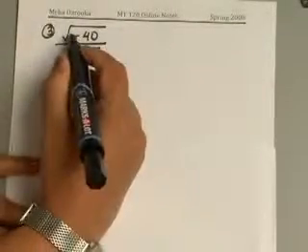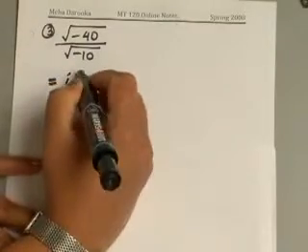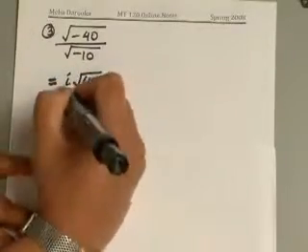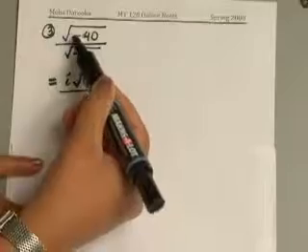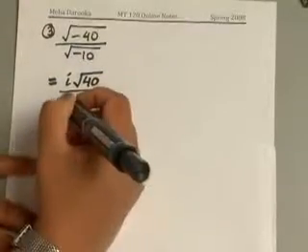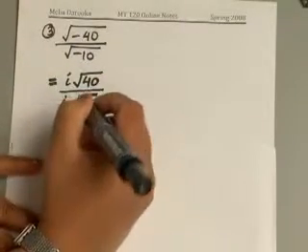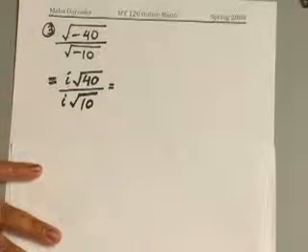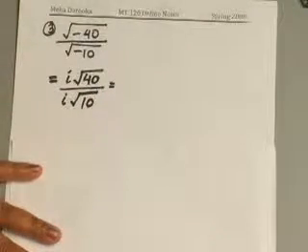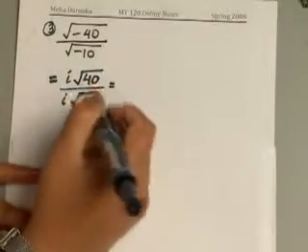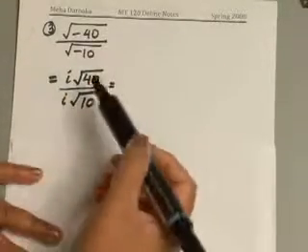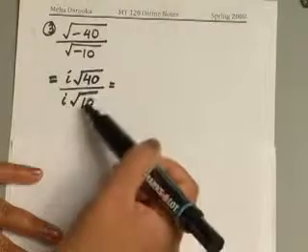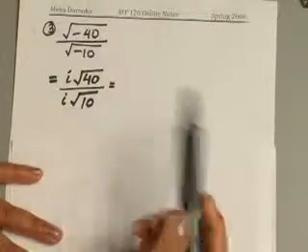So this will give you i times square root of 40 for your numerator. For the denominator, same thing, i times square root of 10. Now, just like we did with the quotient rule, you can now go ahead and apply the quotient rule also, because both your radicands are now positive numbers.